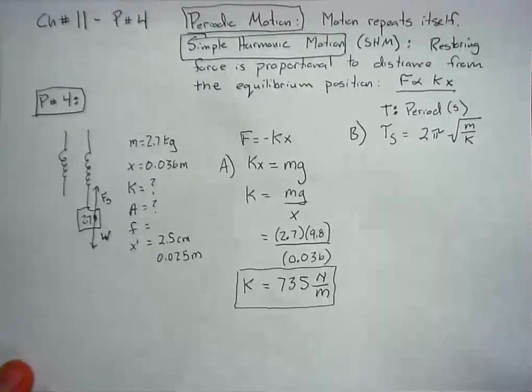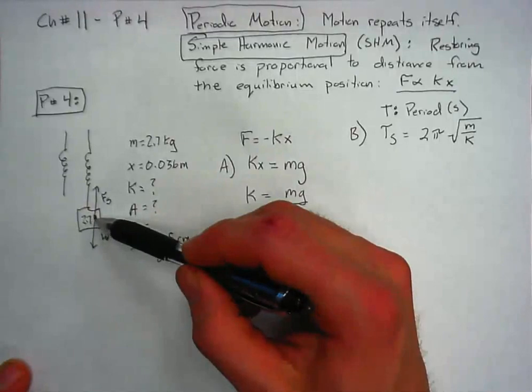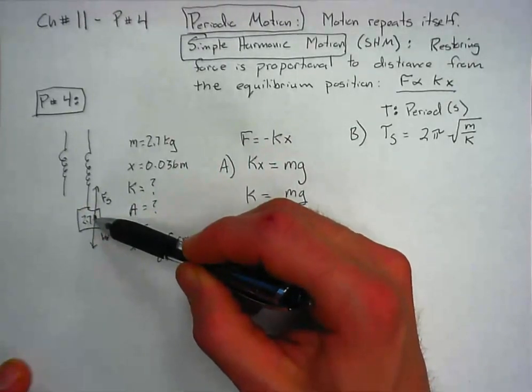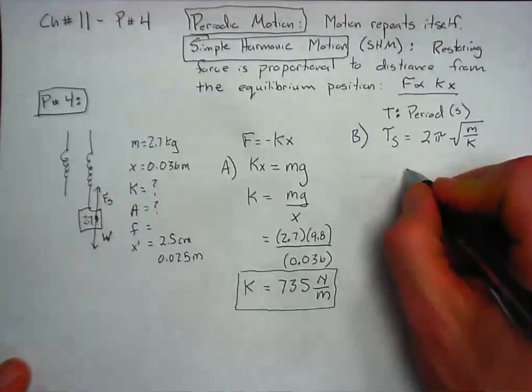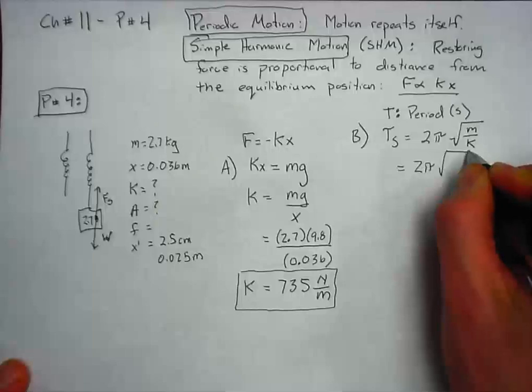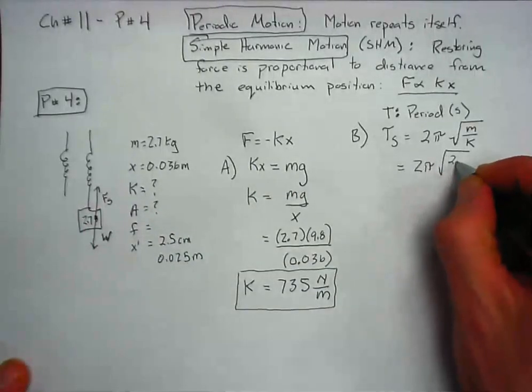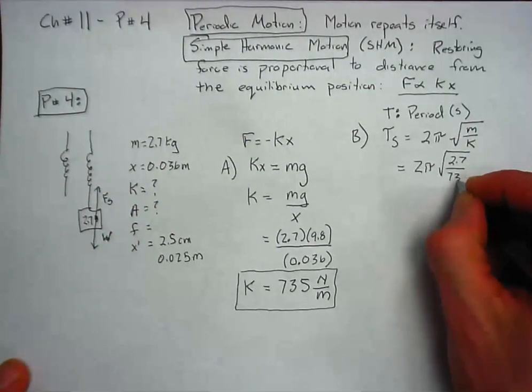So let's figure out what the period is. In other words, how long would it take for this mass to go down and back up and back, right? One complete cycle, right? That would be equal to 2 pi times the square root of the mass, 2.7, divided by the spring constant, 735.